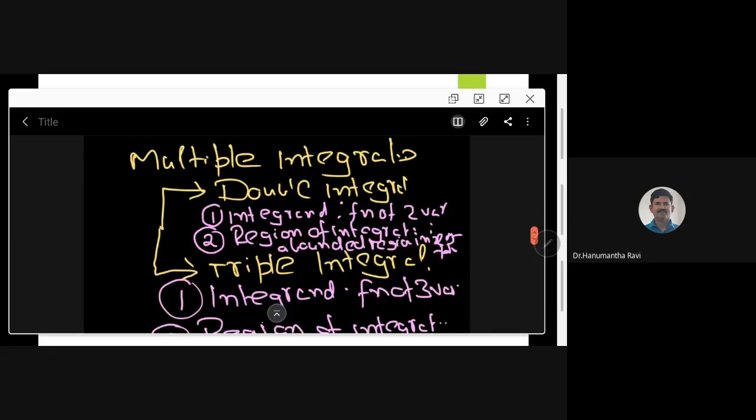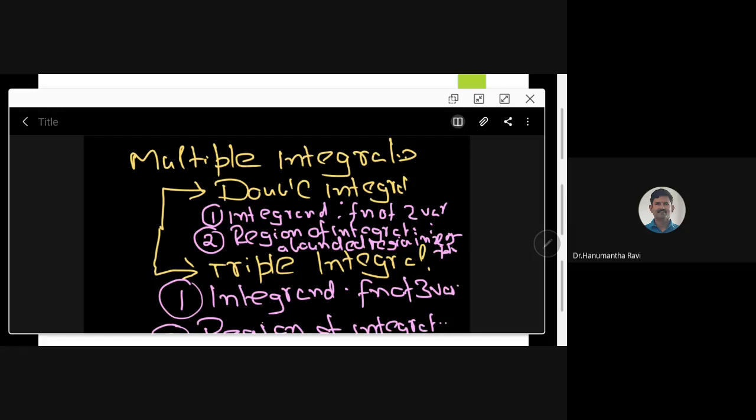So when it comes to multiple integrals, we have two things here. One is called double integral and the other is called triple integral. When we are dealing with double integrals, the integrand is a function of two variables, namely x and y, and the integrating variables are also x and y.